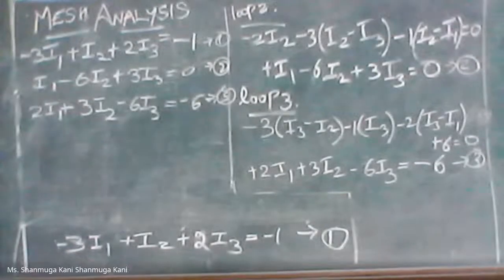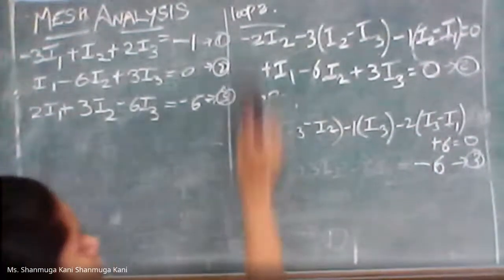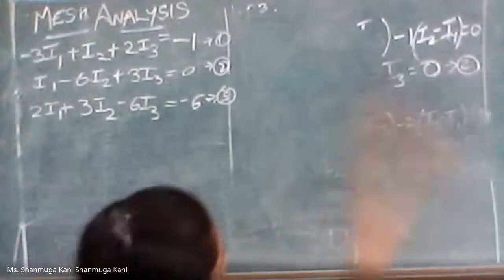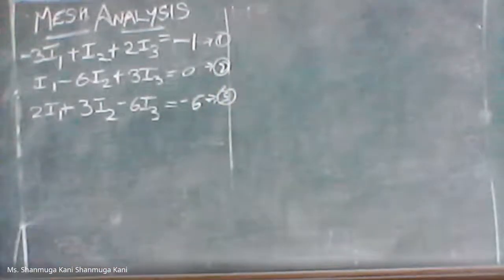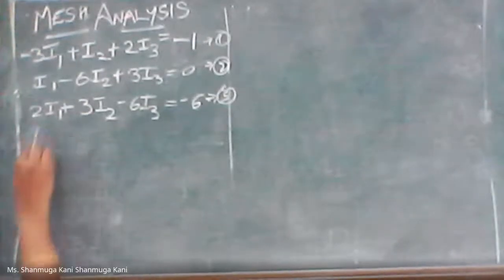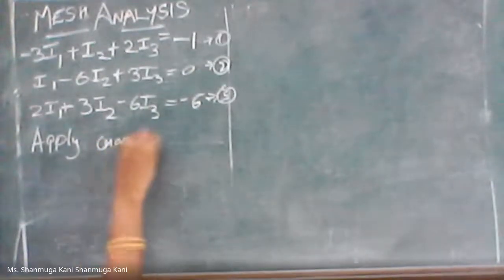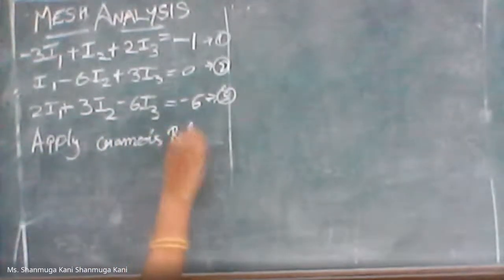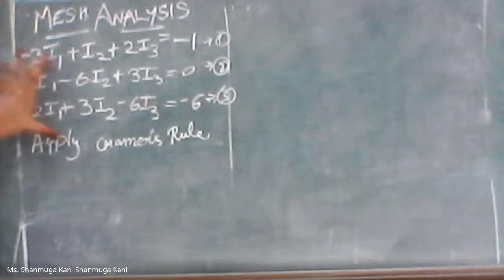So we are using up these 3 equations only now. So now we are going to apply Cramer's rule. What is this Cramer's rule is that we are having 3 sets of equations, right?